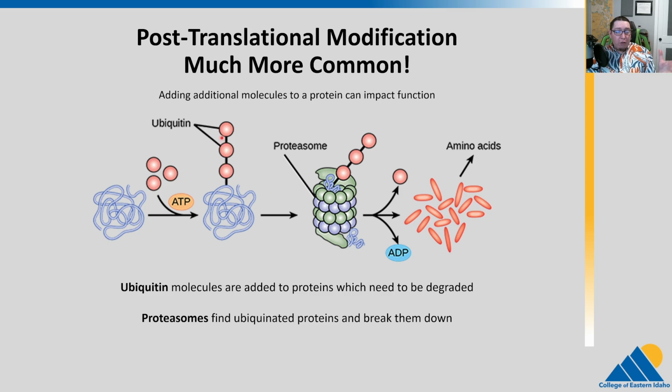When you get a chain of ubiquitin molecules building up, it's basically a red flag that calls out to this complex called the proteasome. A proteasome finds a ubiquitinated protein and breaks it down into its constituent amino acids. So it basically recycles the protein here. So ubiquitination is like the kiss of death for proteins. If it happens, they're signaled for destruction and recycling.